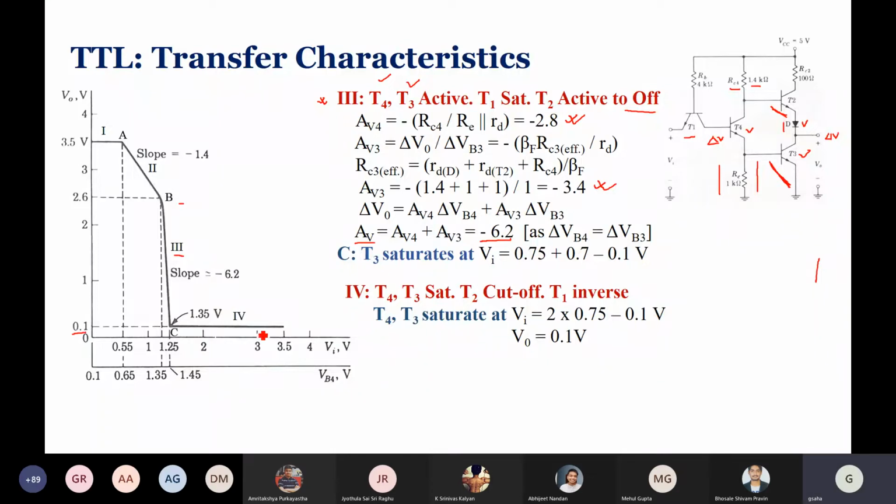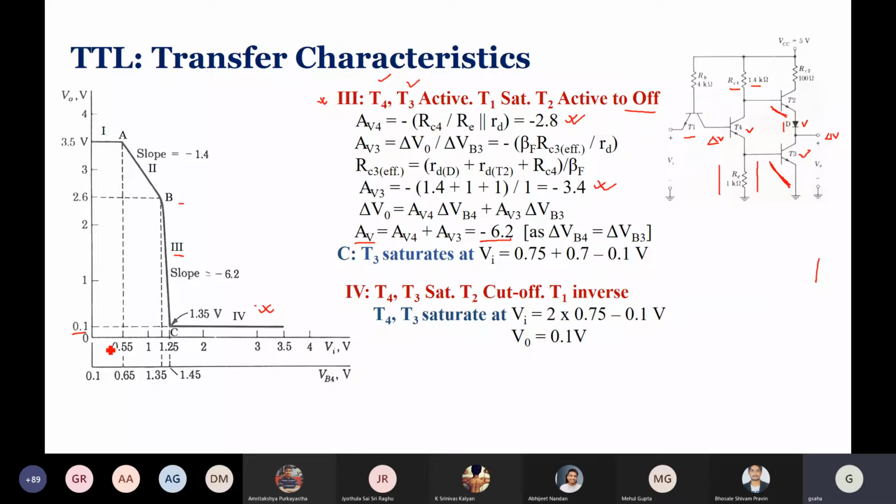And what will happen after that? In region 4, as you come here, T3 has already gone into saturation and T4 also goes into saturation, and T2 is definitely in cutoff, with almost 3.5 volt or that kind of voltage occurring here.